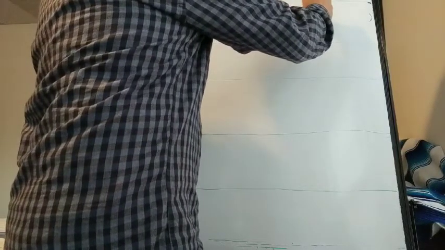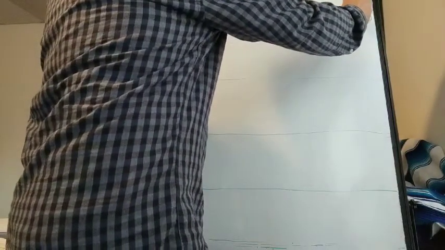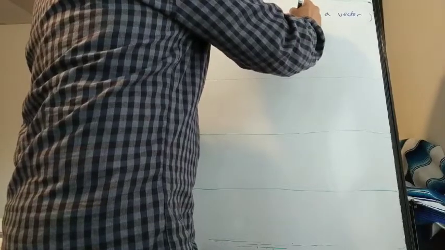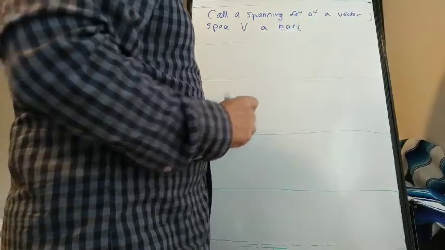So we call a spanning set of a vector space V a basis if it's linearly independent.